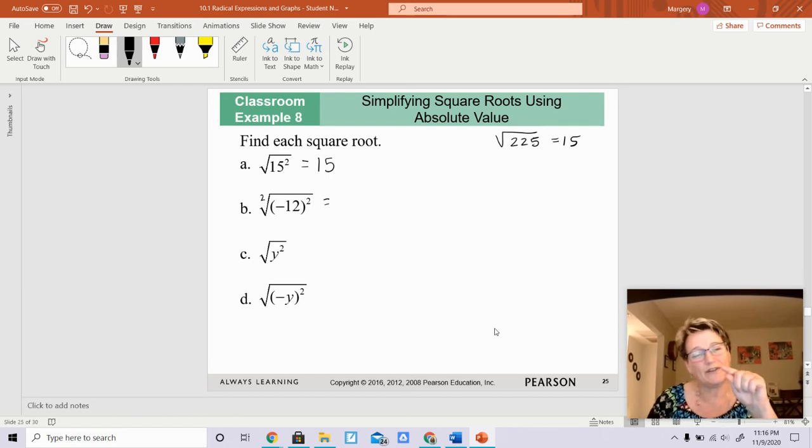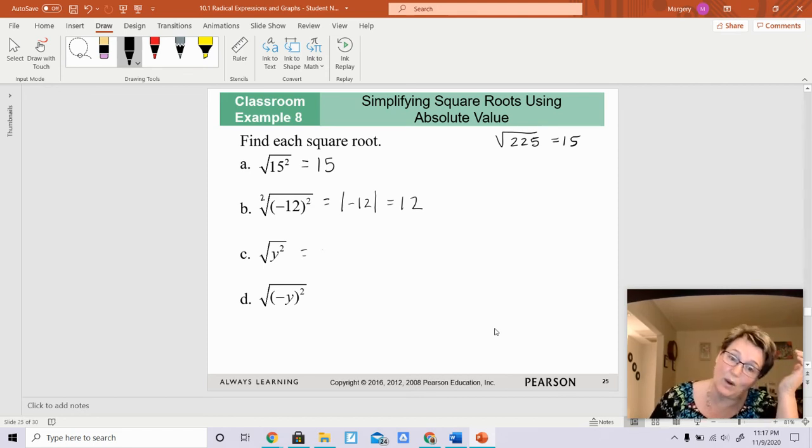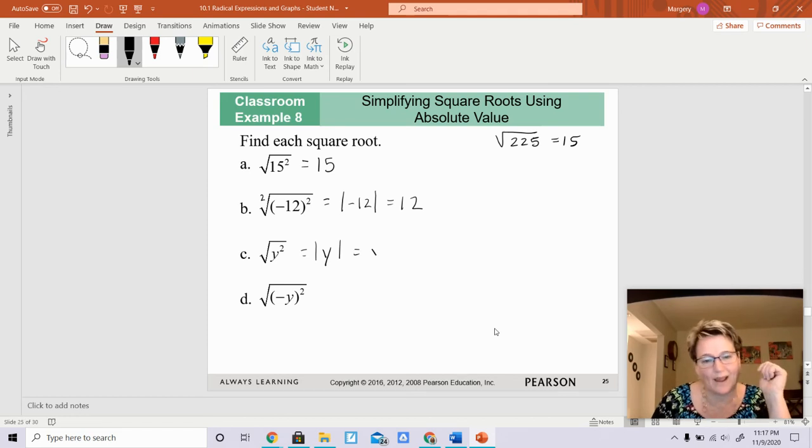This one's a little different because it's an even index, and this is an even power. You have to take the absolute value of -12, and that's going to give you 12. So there's a little bit of different rules on that aspect. Now on this one, you're going to actually get y. You have to take the absolute value of y, but it's just y, not a big deal.